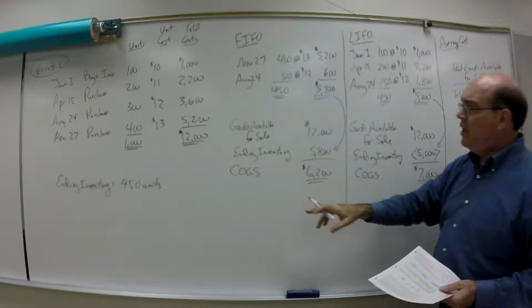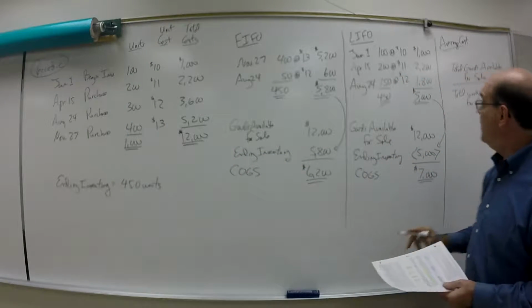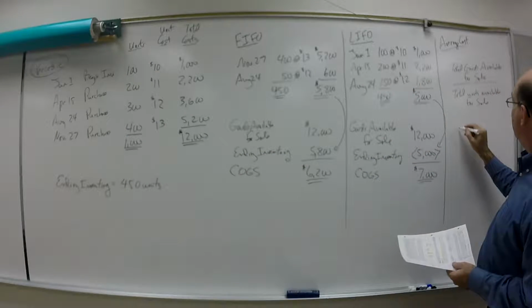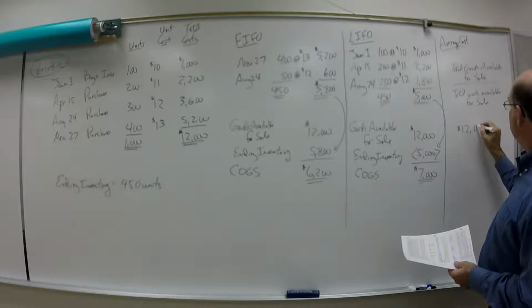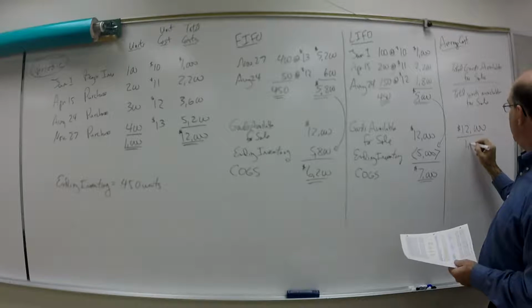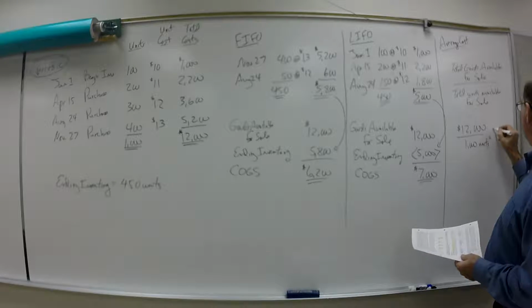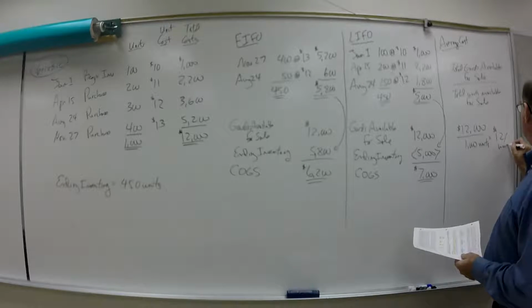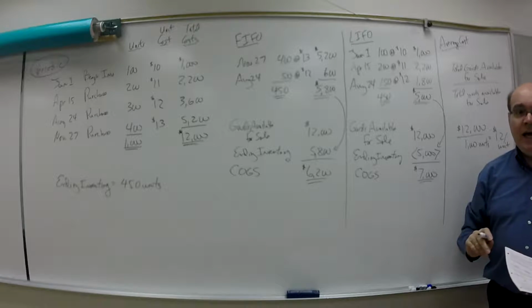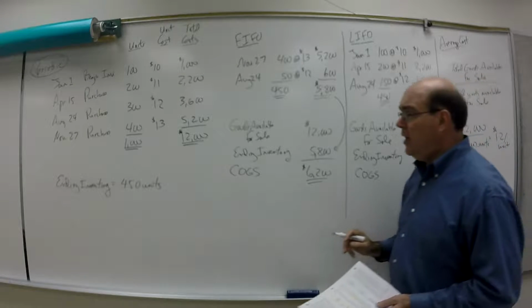In this case, we had $12,000 that we had spent, and then we had 1,000 units. So that works out to be $12 a unit. That's pretty straightforward.